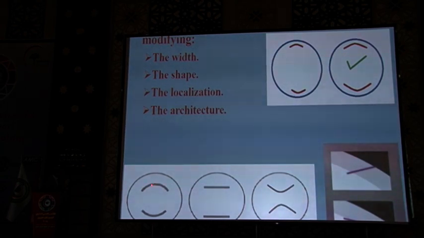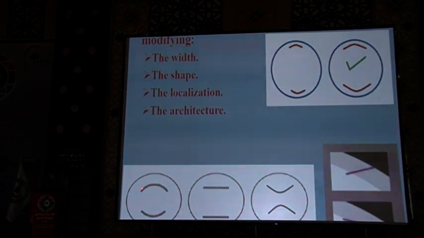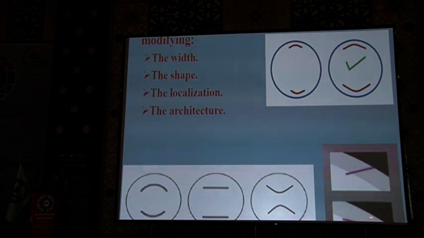For example, an incision parallel to the limbus changes more astigmatism than a straight one, and straight more than a front incision. Also the architecture of our incision matters. For example, a biplanar incision, I mean a two-step incision, corrects astigmatism more than a uniplanar incision.